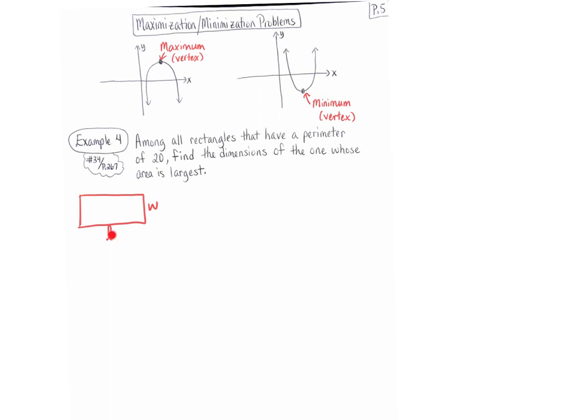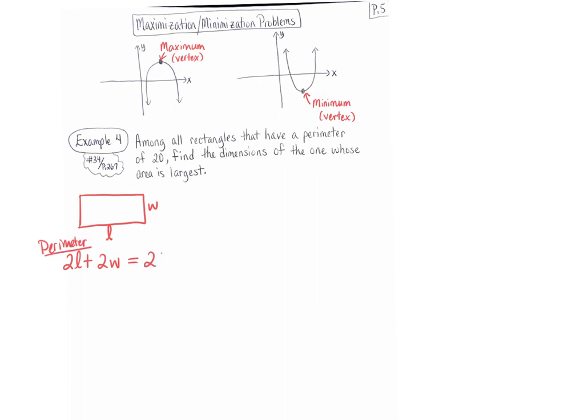So the perimeter, if you're adding all the sides, L plus L is 2L. W plus W is 2W. So the perimeter is 2L plus 2W. We're told that our perimeter is what? 20.